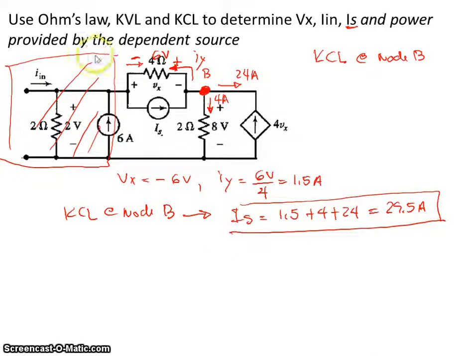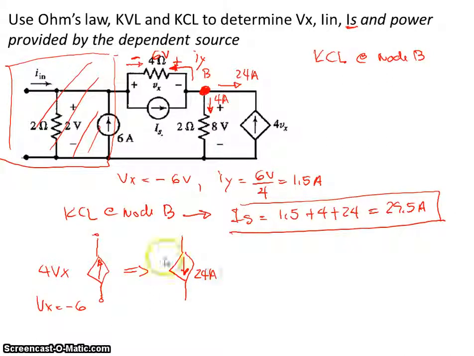The next is to find the power provided by the dependent source. Again, we have this that is supposed to be 4 V sub x, and the current is in that direction. We know that V sub x is minus 6, so we can redraw this with the current going down, and 24 amps in this way.